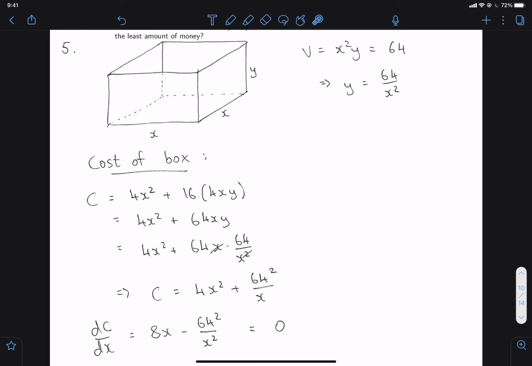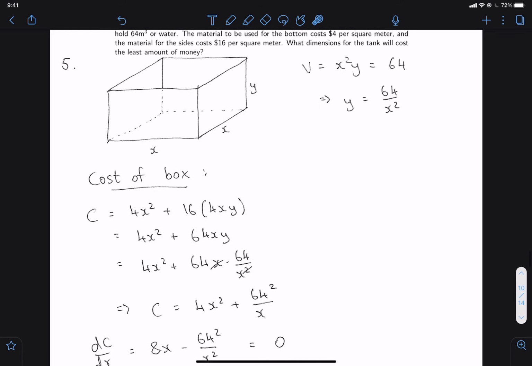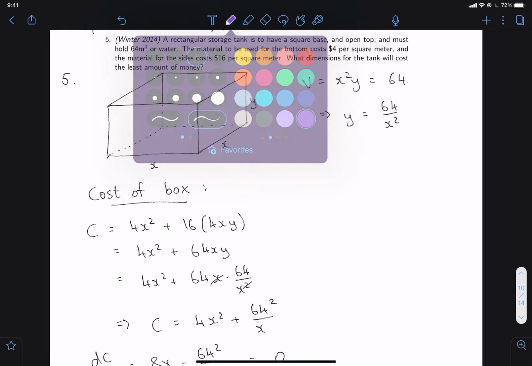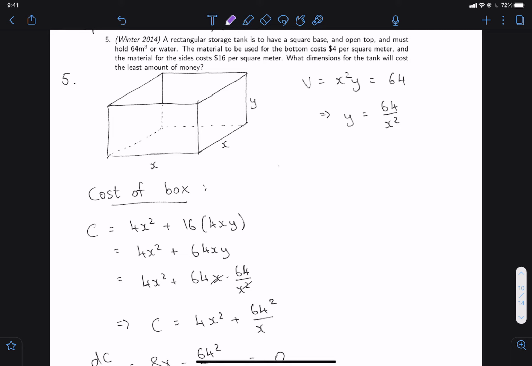So we're going to figure out the cost respectively and then add them up. So the area of the base is x squared, that is very simple, and the area of the 4 sides is 4 times xy.